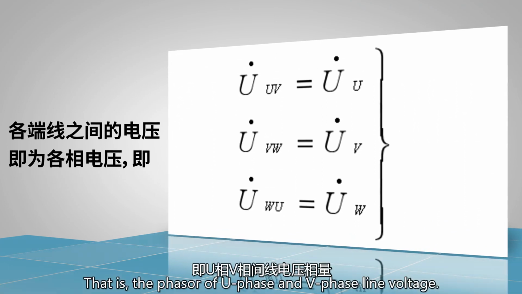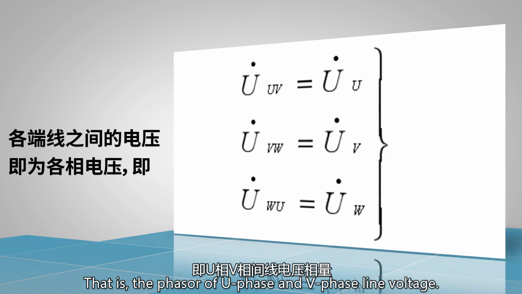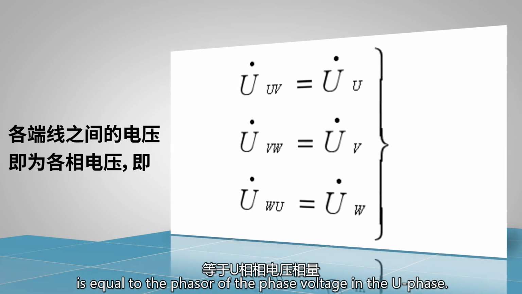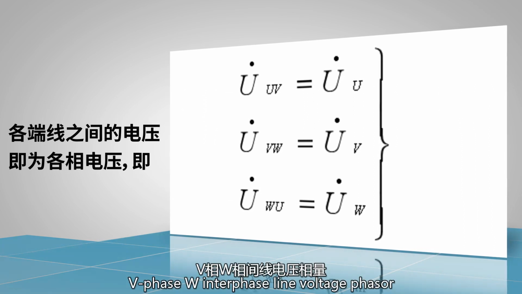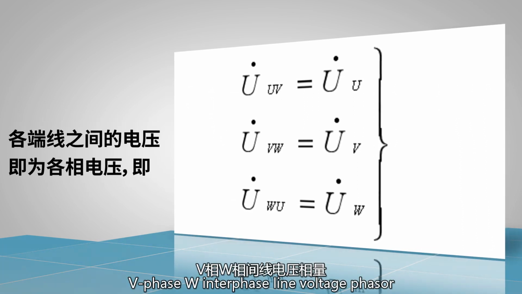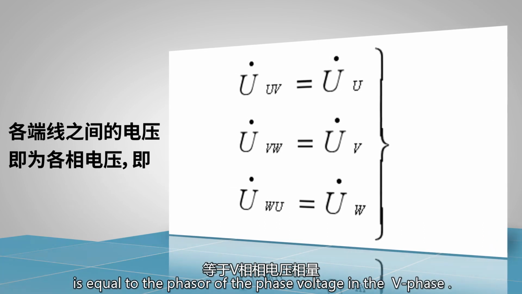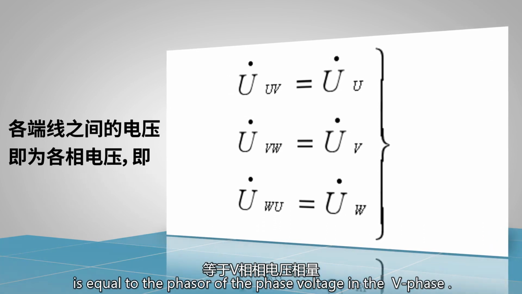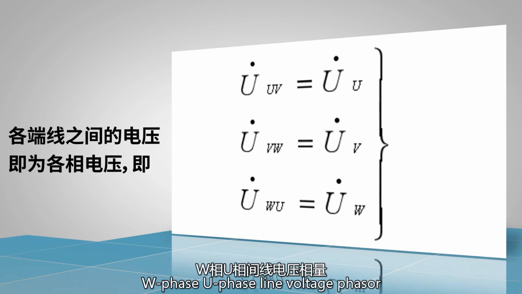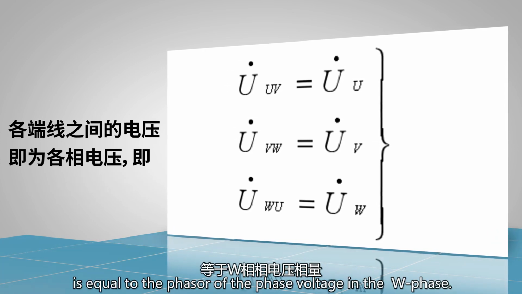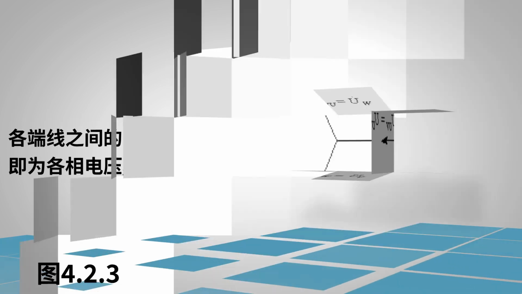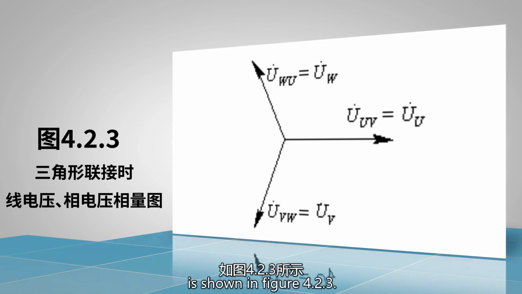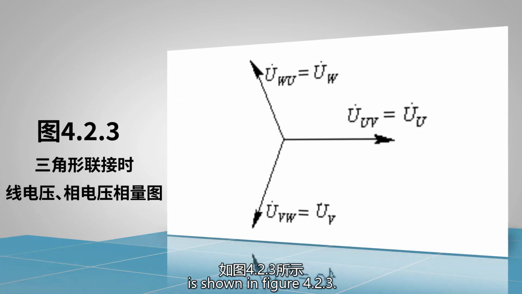The U to V line voltage phasor is equal to the phase voltage phasor of the U phase, the V to W line voltage phasor is equal to the phase voltage phasor of the V phase, and the W to U line voltage phasor is equal to the phase voltage phasor of the W phase. The phasor diagram is shown in Figure 4.2.3.